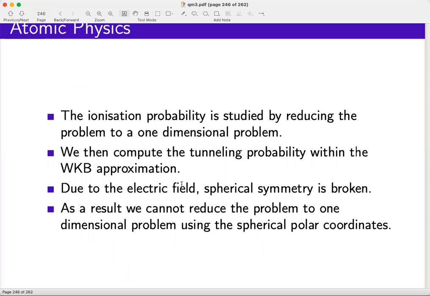First we will convert the problem into a one-dimensional problem, and then we will compute the tunneling probability within what is called the WKB approximation. Although we will not be dotting all i's and crossing all t's in this computation, at least it gives a picture as to how you would go about doing it.